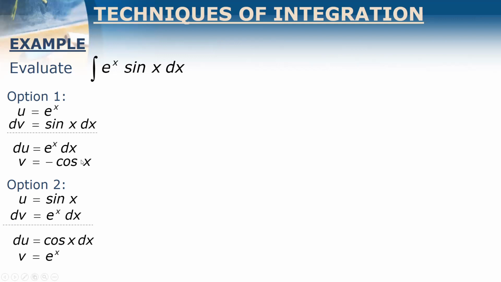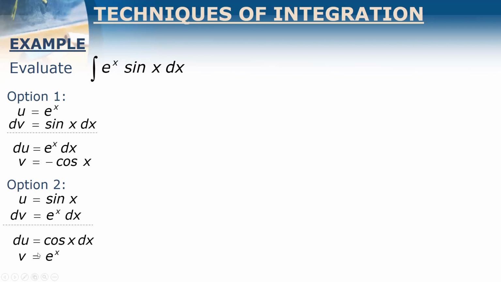Okay, so again, our focus is on the integral of v du. For option 1, it is negative cosine x e to the x dx, while for option 2, it is the integral of e to the x cosine x dx.